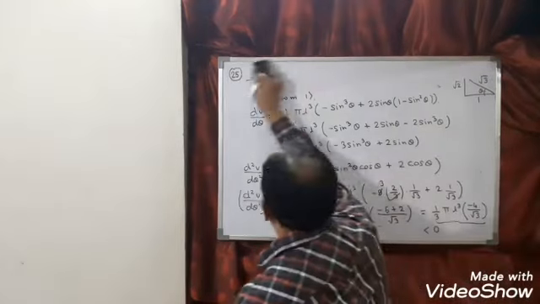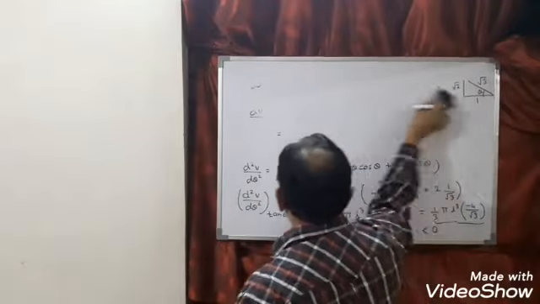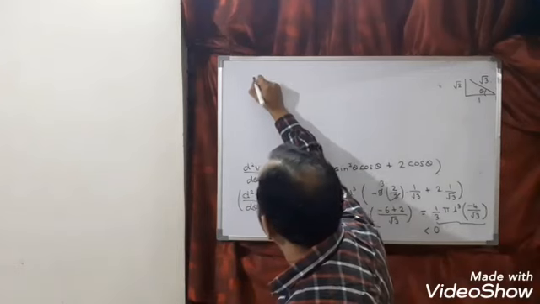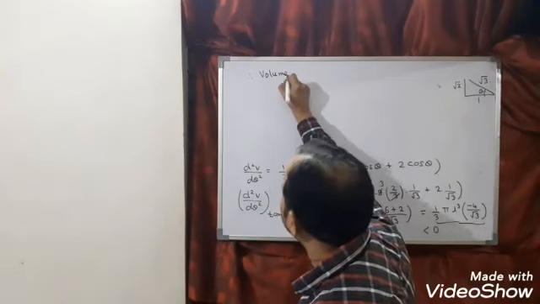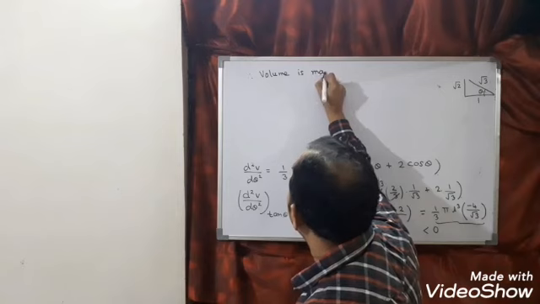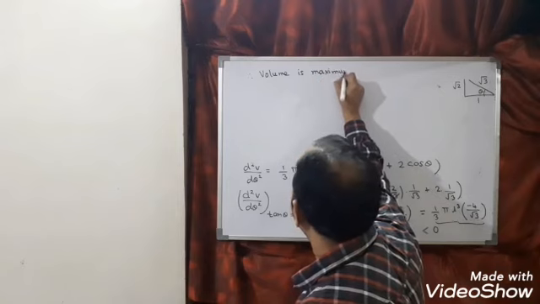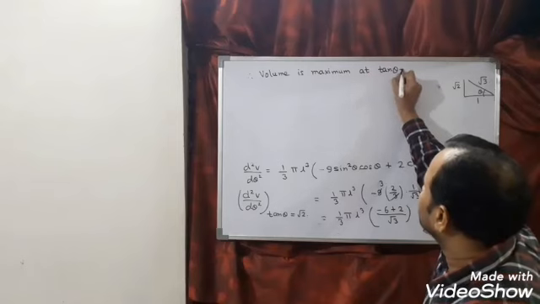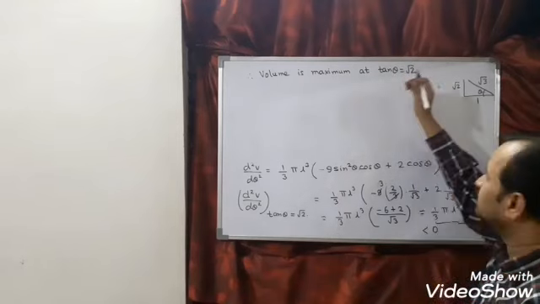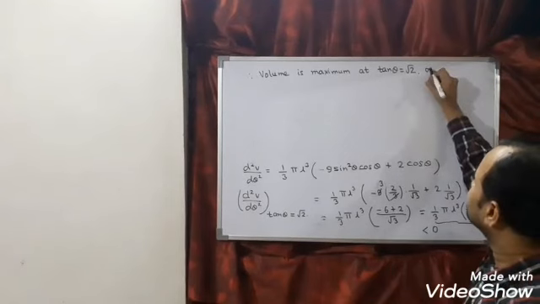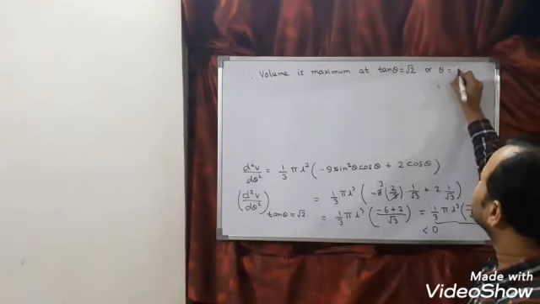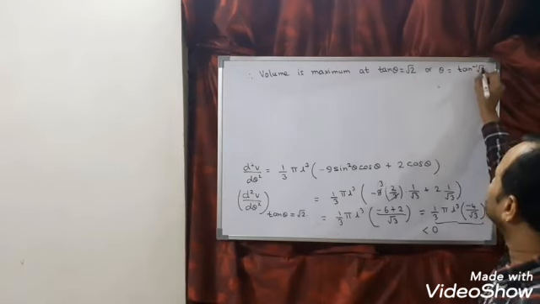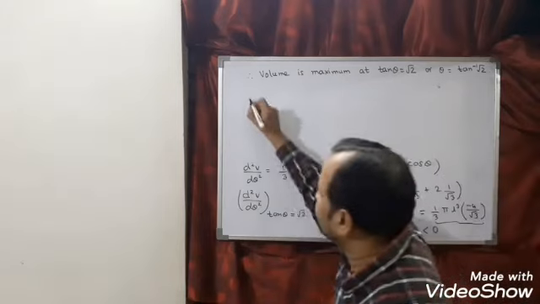So finally we can say therefore volume is maximum at tan theta equal to root 2, or you can say theta is equal to tan inverse root 2.